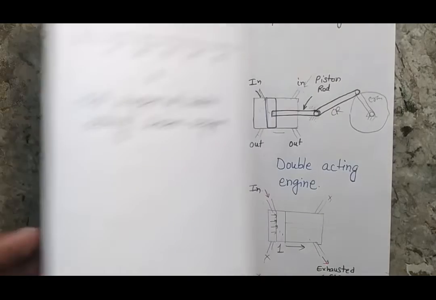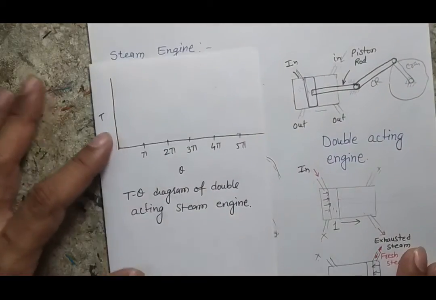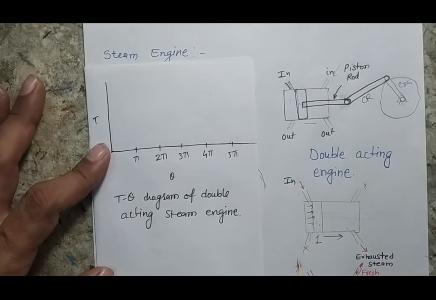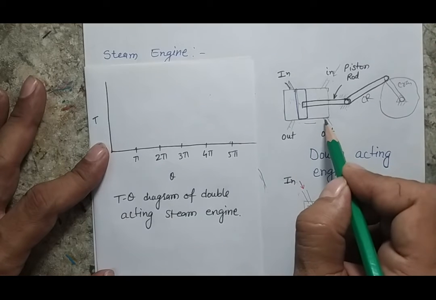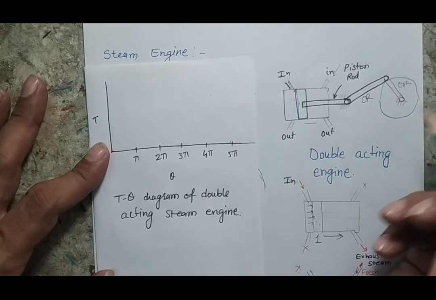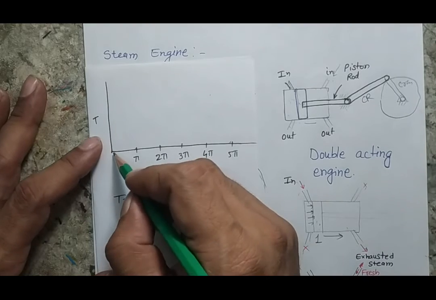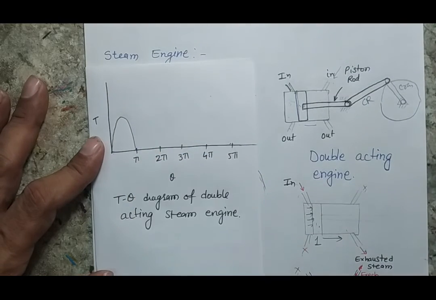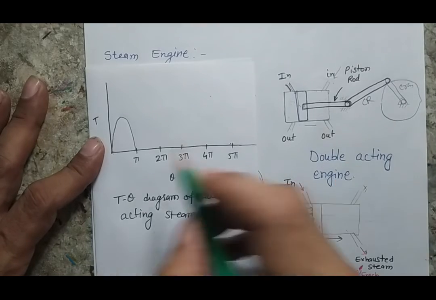If I am interested in making the turning moment diagram of a double acting steam engine, what will happen? I know that for one half cycle there is a power generation, and for the remaining half cycle there is again a power generation. So I can make a diagram in which for the first half rotation there is a power generation, and similarly for the second half rotation.